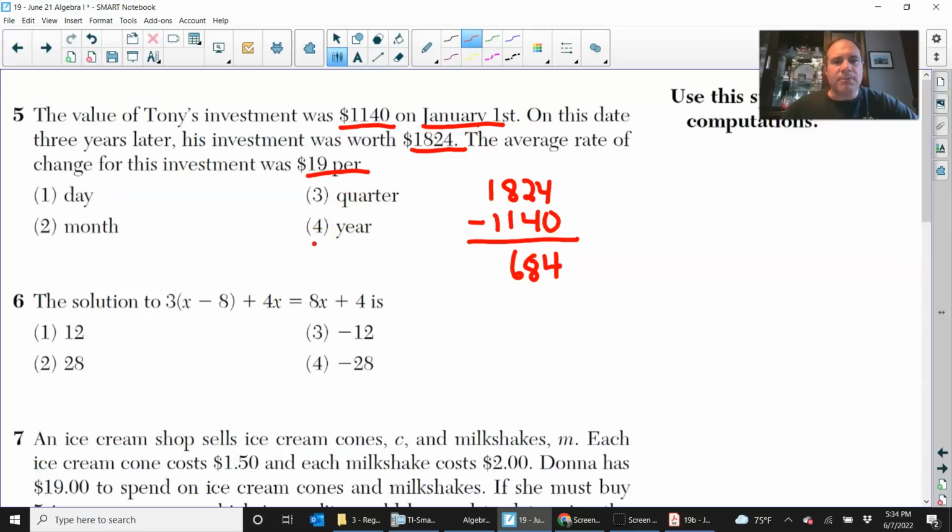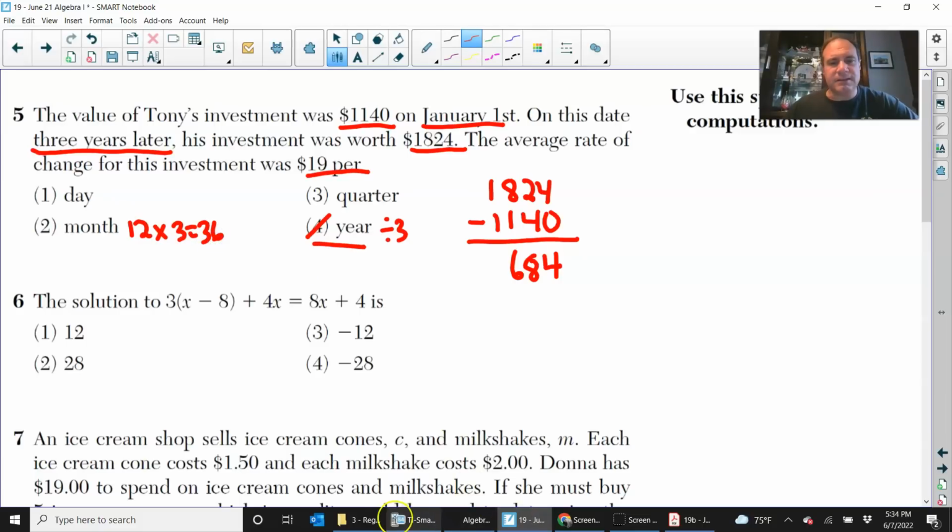All right, so per year, it says 3 years later. If you divide this 684 by 3 for the years, it's not going to come out to be 19, so I know that's not the answer. There are 12 months in a year. In 3 years, that's 36 months.